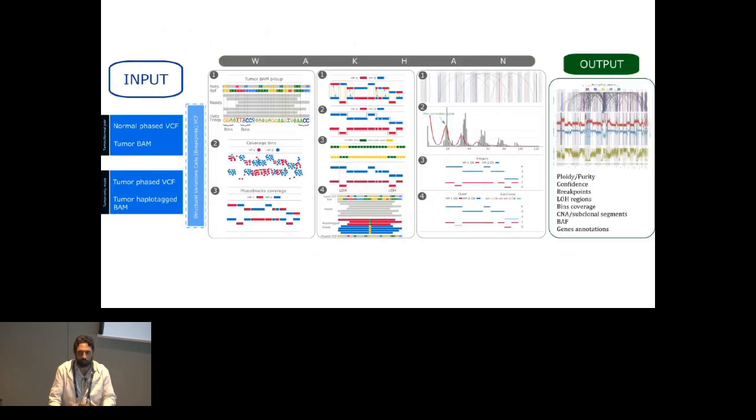I will just go through a little bit of Vahan's internal structure. Vahan supports both tumor-only and tumor-normal modes. As input, it takes a normal phased VCF or tumor phased VCF, as well as the corresponding tumor BAM. We also integrate structural variation calls.